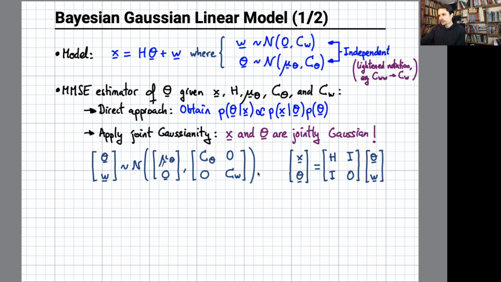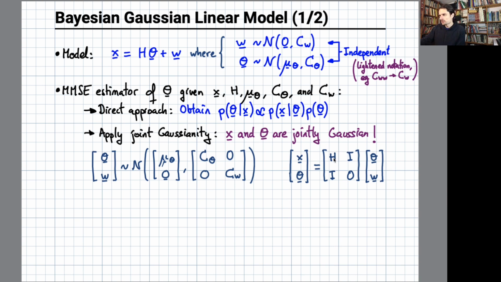And one can note that the vector formed by x and theta can be obtained by multiplying this random vector here by this matrix, okay?